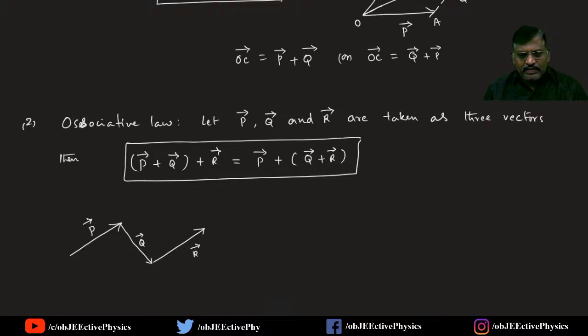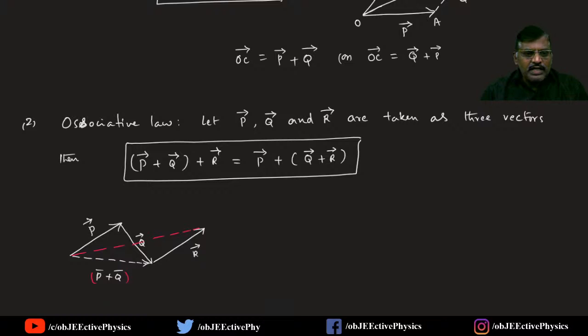First, what is there in that equation? P bar plus Q bar. See, this dotted line gives P bar plus Q bar, and then now plus R bar. So P bar plus Q bar is taken as first vector, R bar is second vector, so this dotted line gives the sum.